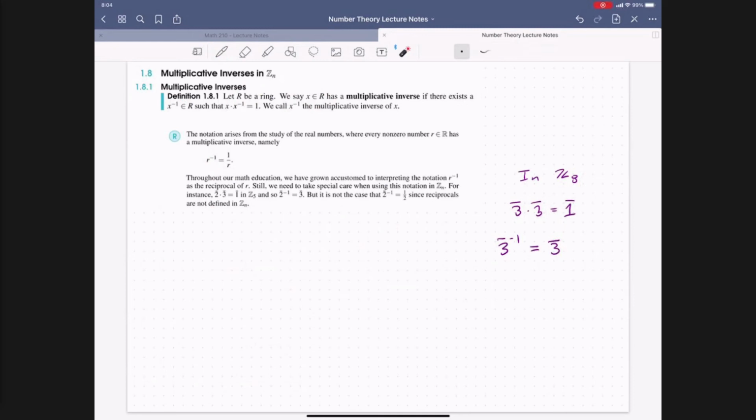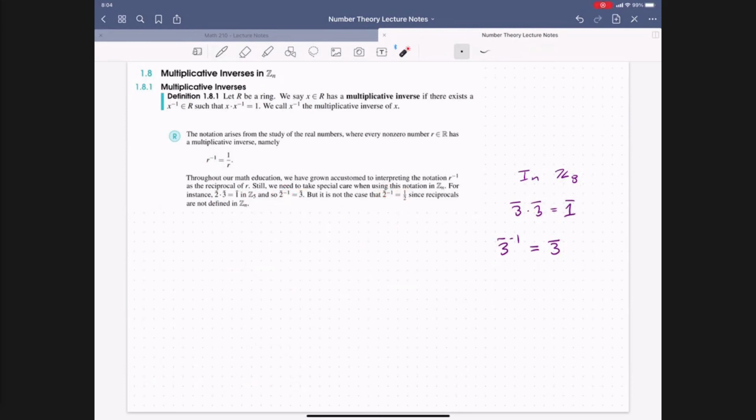As another example, we can go ahead and work in the integers modulo 5. Working over the integers modulo 5, we have that 2 times 3 is 6, so that's just going to give us back 1 bar. So we can use the notation for the integers modulo 5 that 2 bar inverse is equal to 3 bar. But again, the 2 bar inverse is not to be interpreted as 1/2.